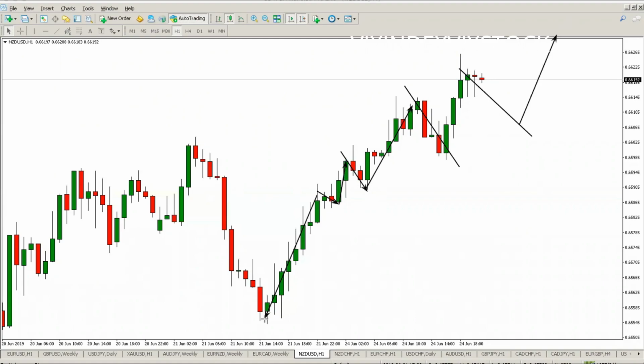You see? So that's what happened. So that's what you're waiting for. You're waiting for the market to retrace. A retracement. Then up. So this one you're looking forward to buy, but you're waiting for the market to retrace. Then you take the market up. That's what you'll be doing, right?